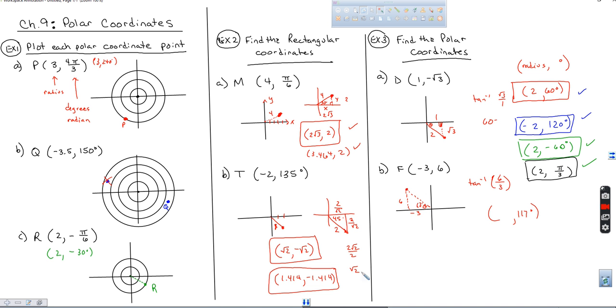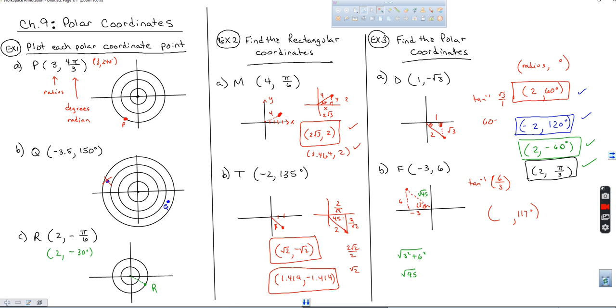Remember, the Pythagorean theorem would say the square root of a squared plus b squared. That's 9, that's 36, that's 45. So this right here is the square root of 45. You can clean it up as 3 radical 5, I believe, but if not, you can leave it like that.